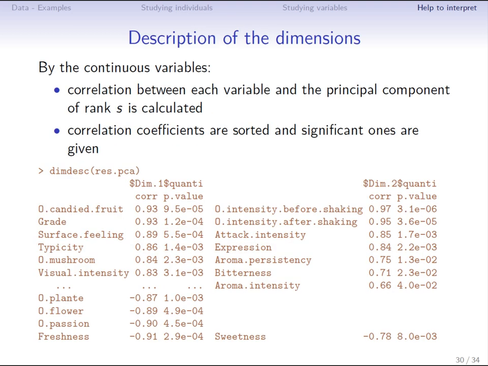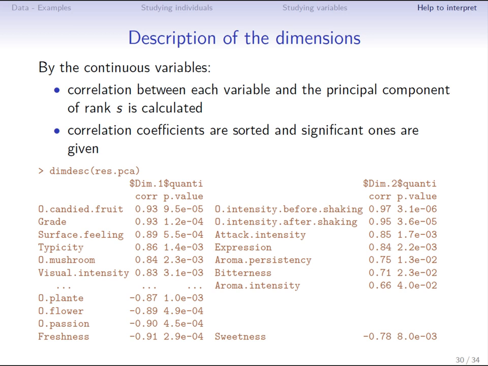Here are now some tools that can help with the interpretation, especially when there are lots of variables. The components provided by principal component methods can be described automatically by all the variables, whether quantitative or categorical, supplementary or active. For a quantitative variable, the principle is the same whether the variable is active or supplementary.